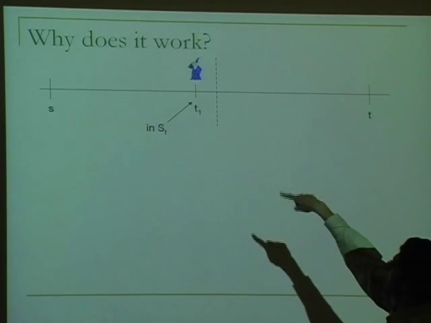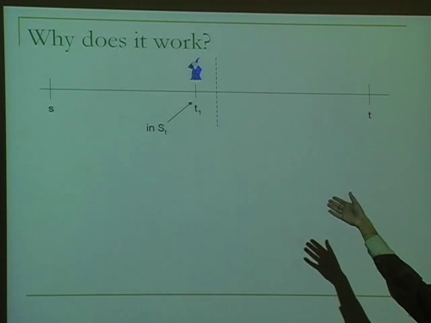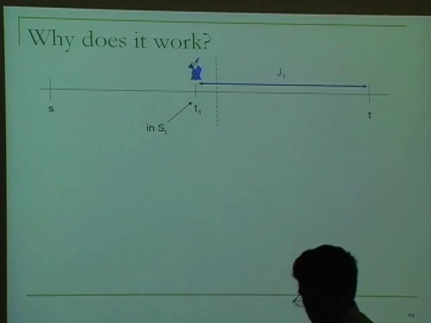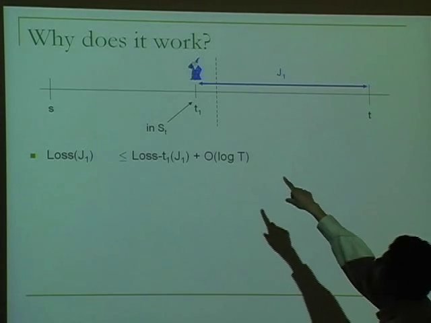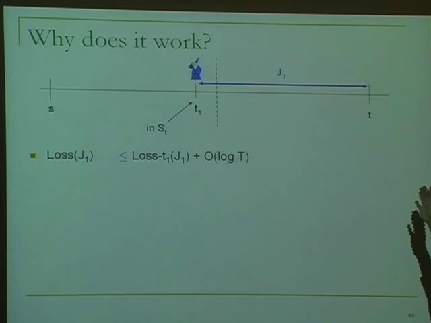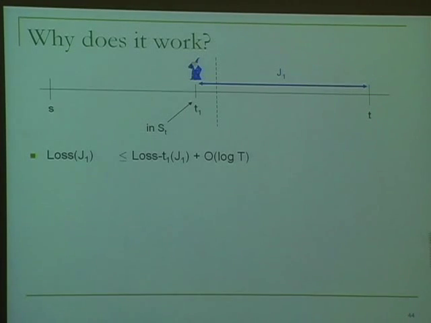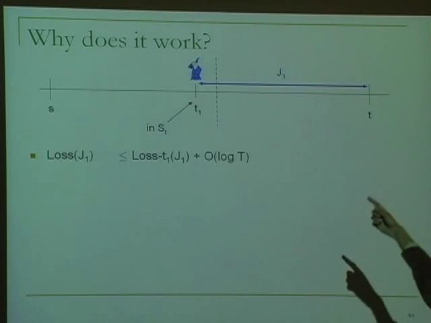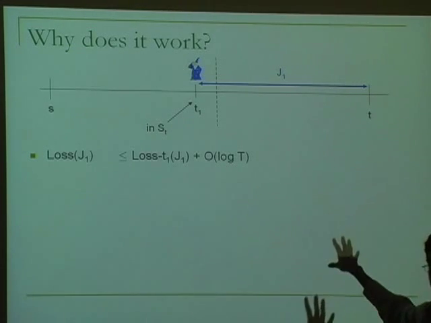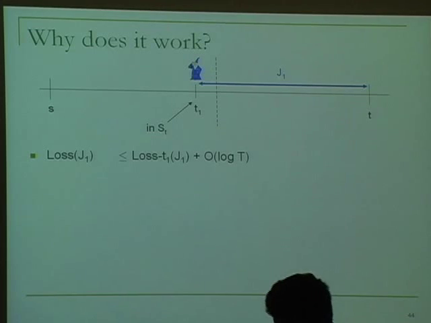So there's some expert et1 in st. That's just by the properties of st. And what we can show is actually, if you take that interval j1, note that that expert entered the room at that step and stayed throughout the whole thing, because he never got thrown out. And because of that, you can show that the loss of our algorithm in that interval is less than the loss of that expert plus O of log t, because that expert survived that whole interval.